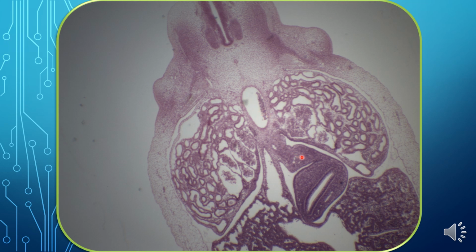Ventral to the dorsal aorta is the gut. Here the gut is represented by the stomach, with a wider lumen, and the foregut contains the dorsal mesentery and the ventral mesentery.